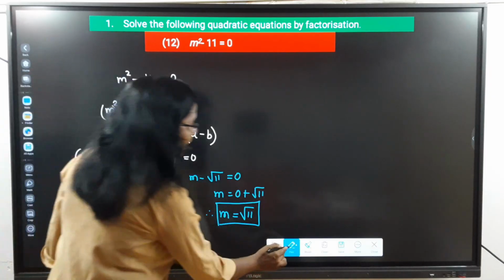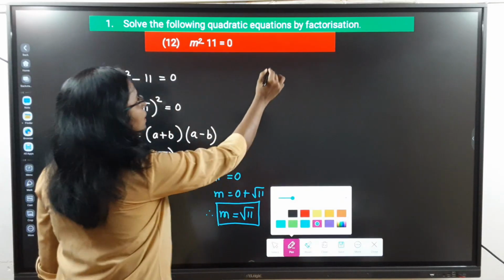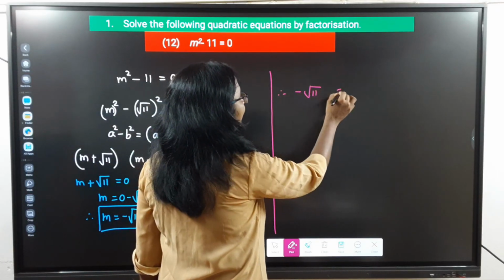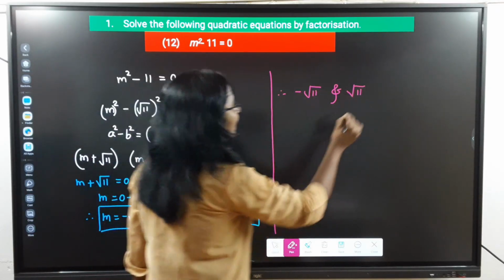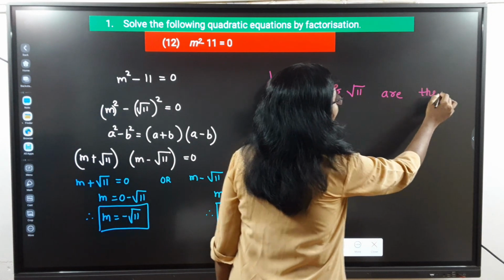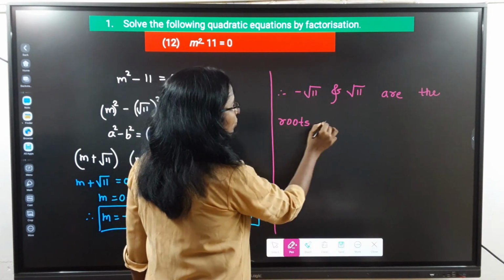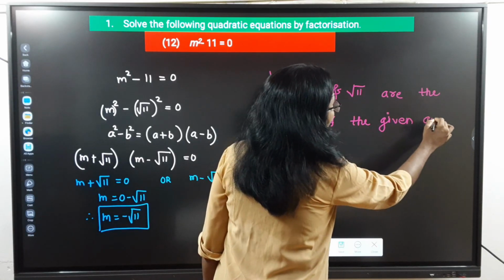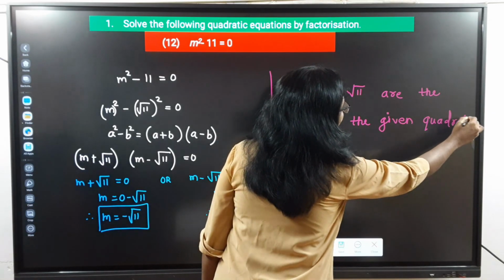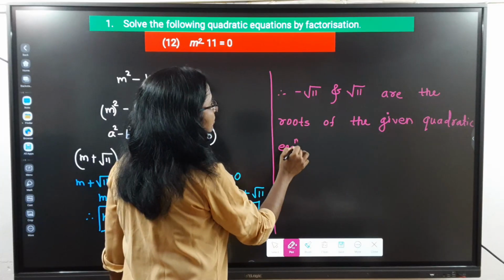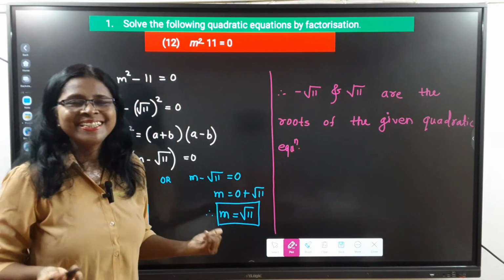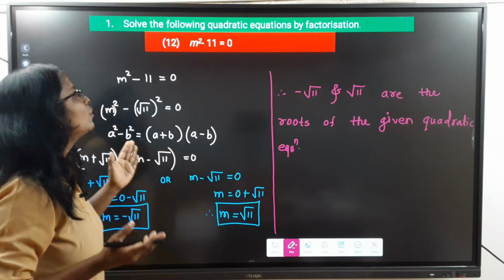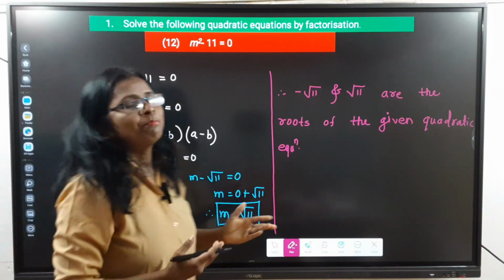And therefore finally we can say that minus root 11 and root 11 are the roots of the given quadratic equation. Okay students, in such a way this is the solution of the given equation, and in such a way we can solve the quadratic equation by the factorization method.